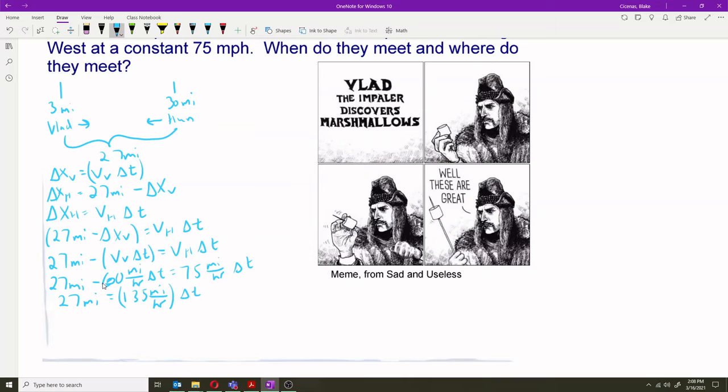Notice a couple things. Miles cancels out. That means your only unit left is an hour, which is what we want. We wanted a time in hours. So if I take 27 divided by 135 in my calculator, I get a time of 0.2. So the time is 0.2 hours.